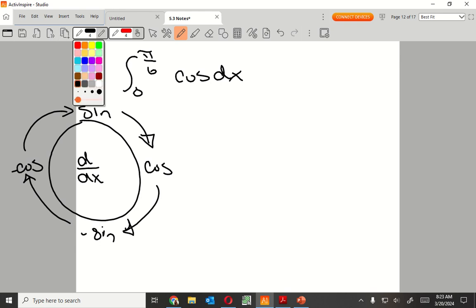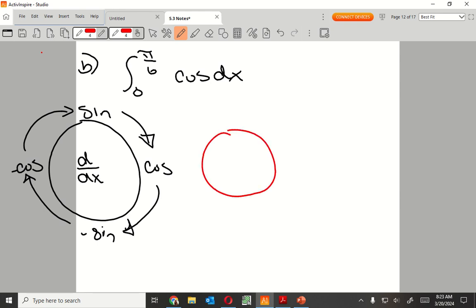So let's pretend like I know that derivative and then antiderivative, it just goes the other way, right? So the integration of this would go this way.